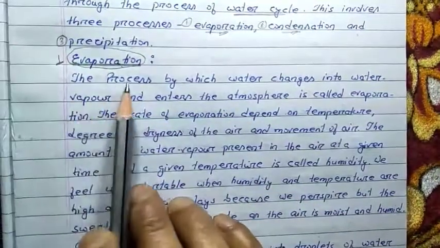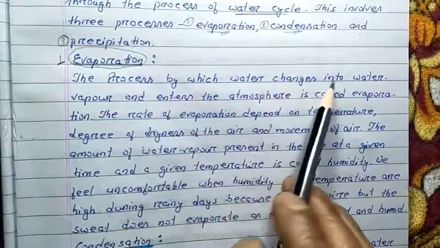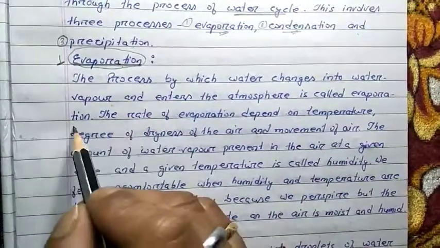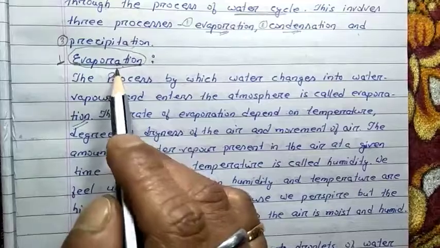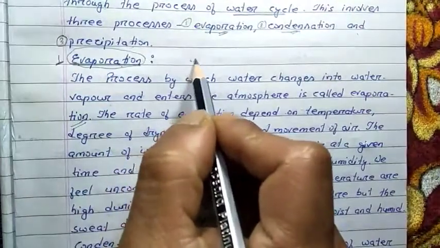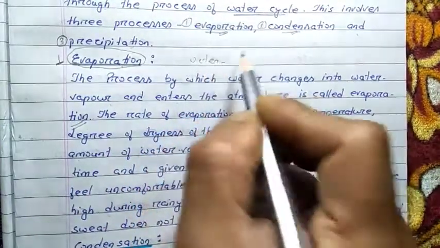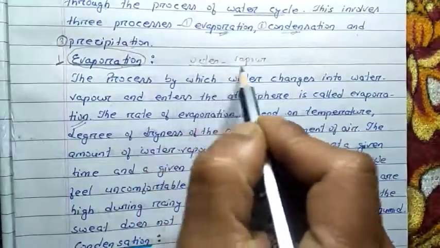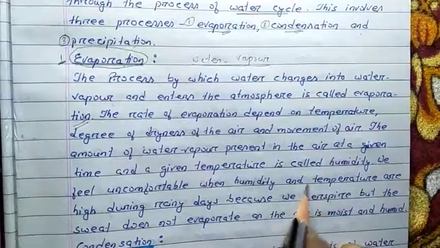The process by which water changes into water vapor and enters the atmosphere is called evaporation. The very simple meaning of evaporation is that the water changes into vapor, or gas. You can easily understand with one very simple example.